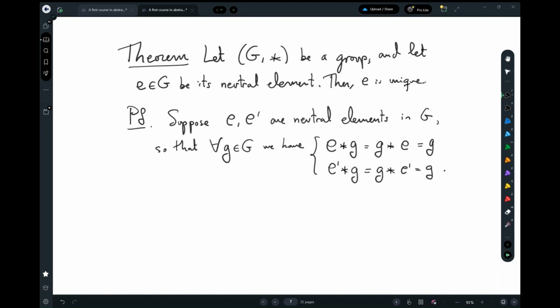So this happens for every element g. Then what I want to conclude is that e and e prime are actually the same neutral element, to prove that there can only be one.